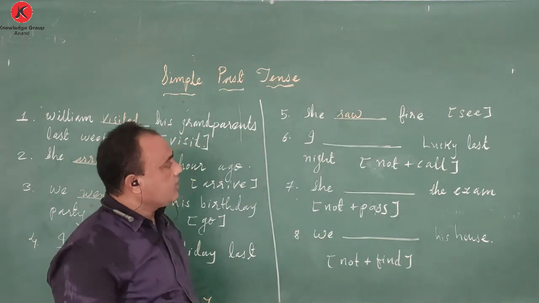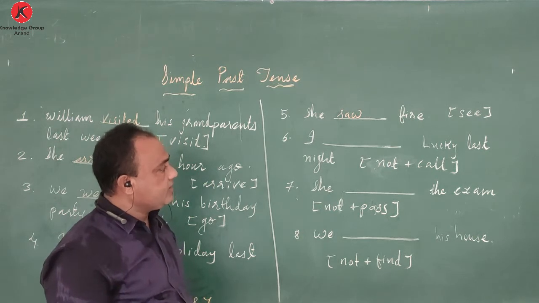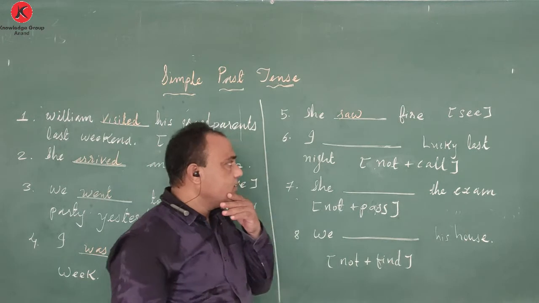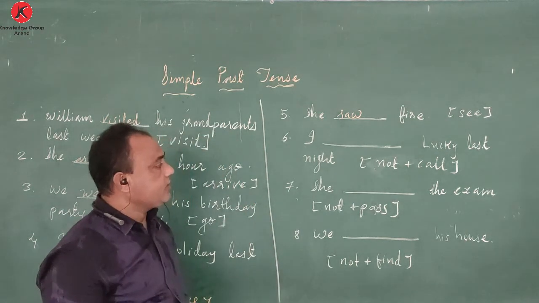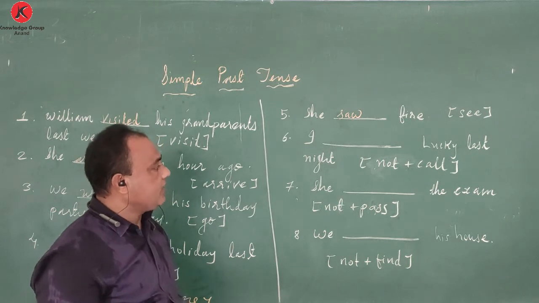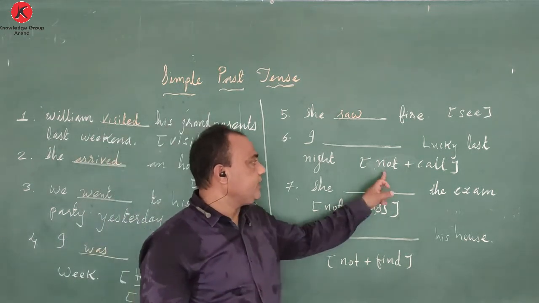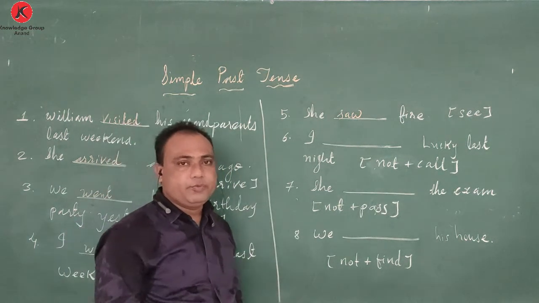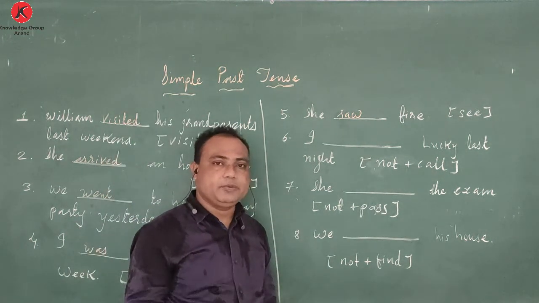Sixth one, I dash lucky last night. Now, lucky here is the name of a person. I dash lucky last night. Now, here it is given not plus call, so obviously we understood that it is a negative sentence.